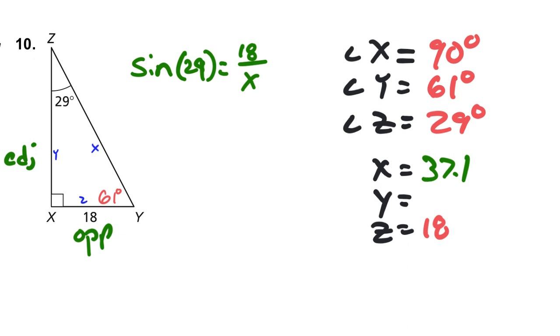So I could say opposite and adjacent would be tangent. So I could say tangent of 29 degrees equals opposite, which is 18, divided by adjacent, which is y. And now I would take 18 divided by the tangent of 29, and I get 32.5.